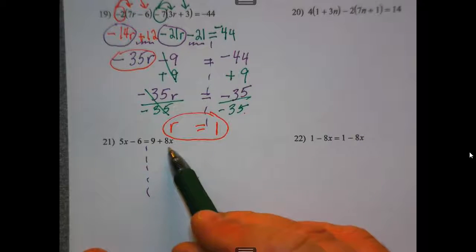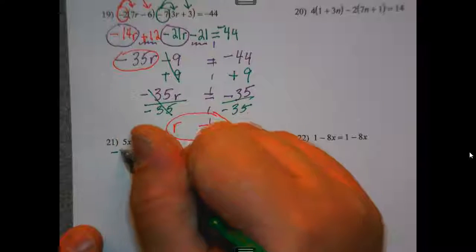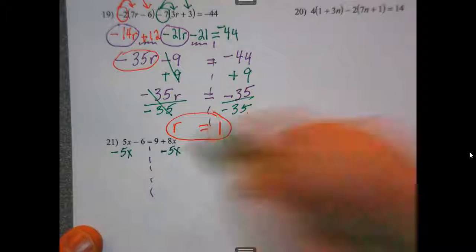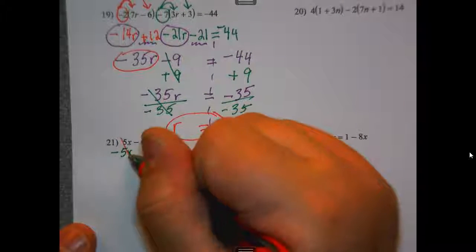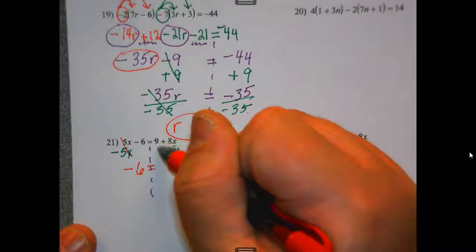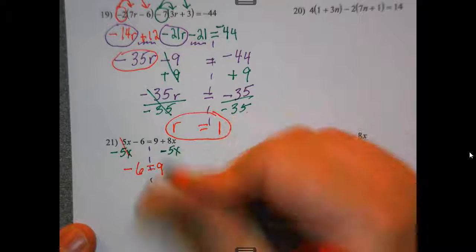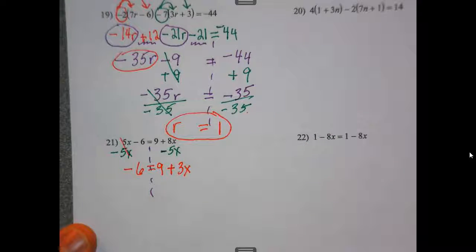You could subtract 8x, or I'm going to subtract 5x, because what that does is it keeps my variable term positive. So I get negative 6 equals, bring down the 9, 8x minus 5x, 3x.